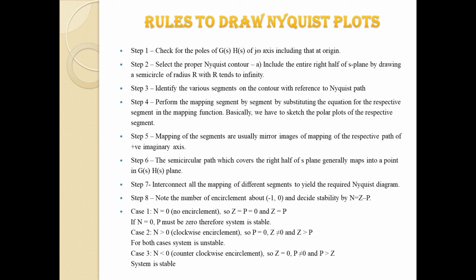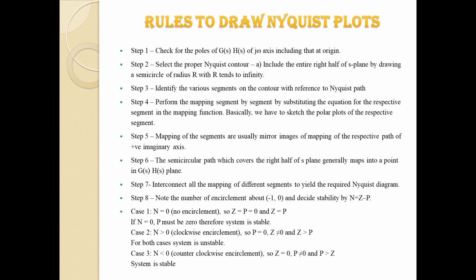Basically, for each section, we need to draw the polar plot of the respective segment. So, if a Nyquist contour has 4 segments, then we need to draw a segment-wise polar plot of 4 different segments, and then we will match the whole plot.